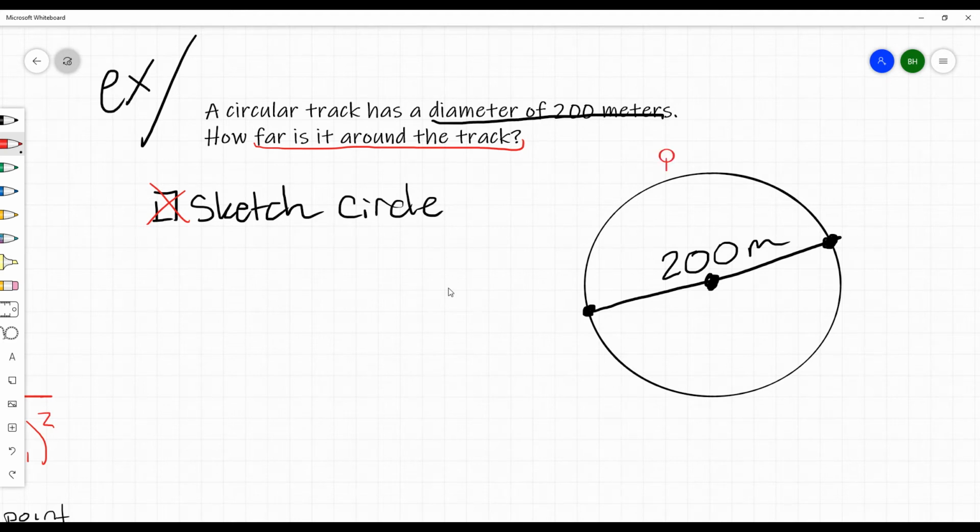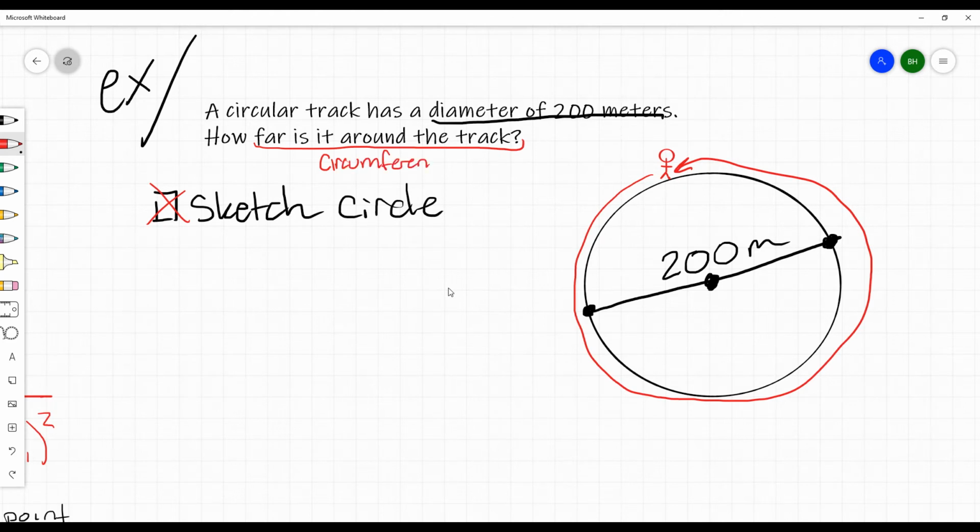If I'm here, and I'm a runner, and I want to go all the way around this track, and let's assume that I run it in a straight line, that is going to be the same as the circumference. So we can identify that in this specific problem, we will be able to calculate the circumference of the circle.